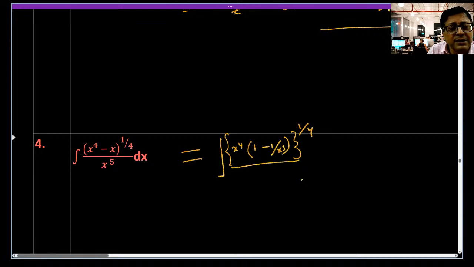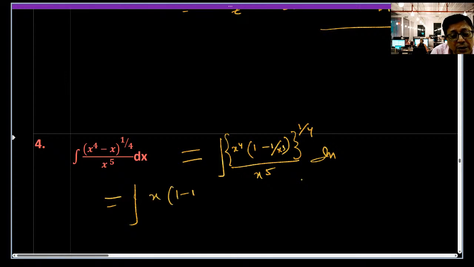And here it is x to the power 5 dx. Why? It's up to you whether you will accept this method or not. I have thought in this manner, I am doing it. You do it in a different manner. But I think this is the best way to do. So integration x to the power 4 to the power 1 by 4, x cube to the power 1 by 4.